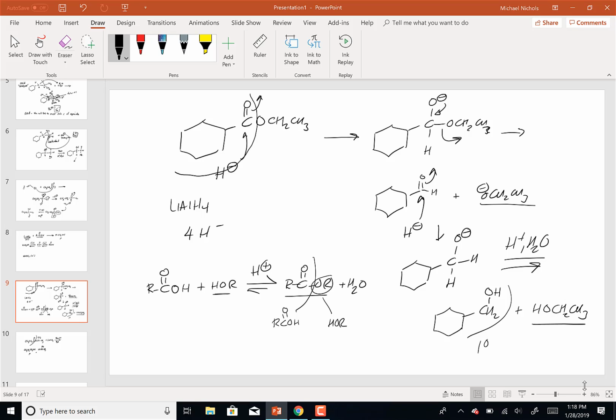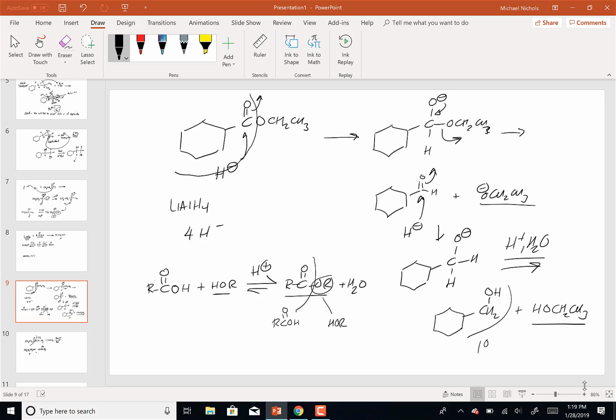Right? And so you'd use the pH test paper and you keep testing it until it was red. So you'd have to add more acid because not only would I have to protonate this alkoxide, but I've got to protonate that one as well. But in the end, they both would become an alcohol as they're reacting with acid. So they would get changed over in the then H plus H2O step.